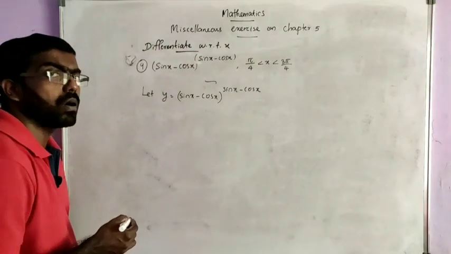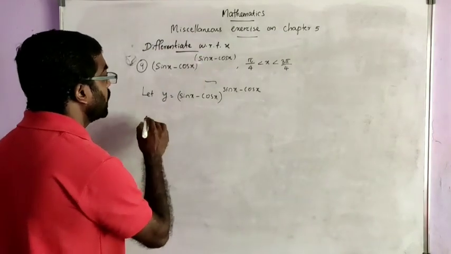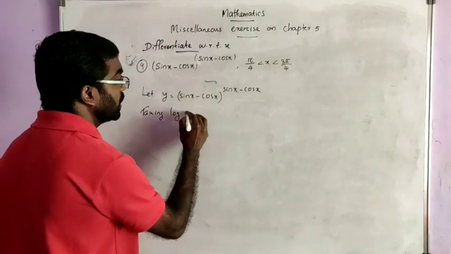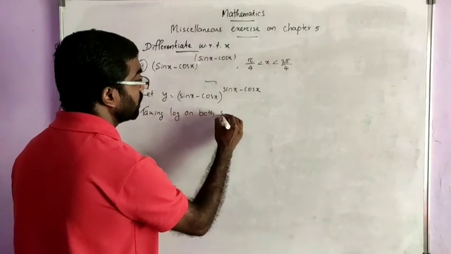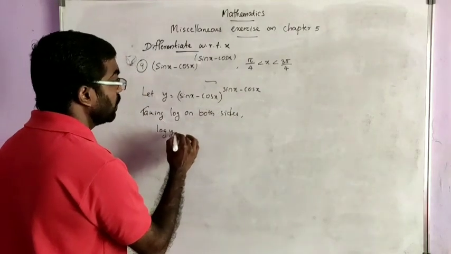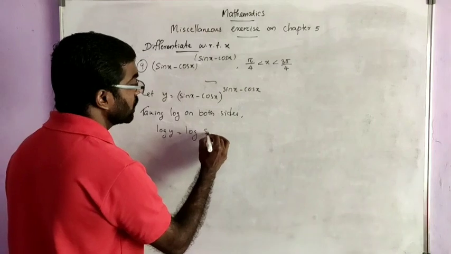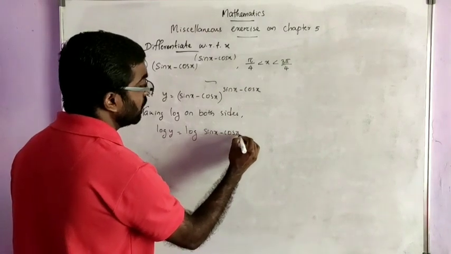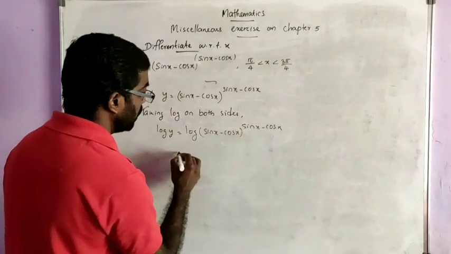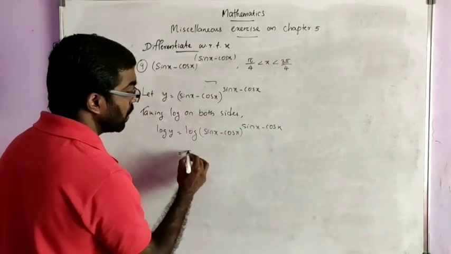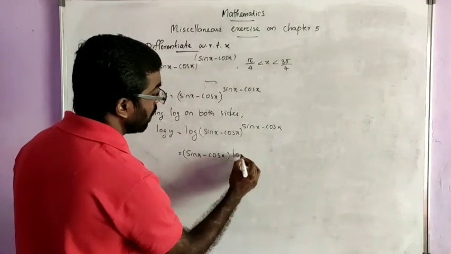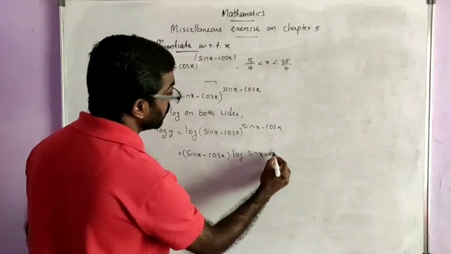So we have to take logarithm on both sides in order to find the derivative. So taking log on both sides, log y is equal to log of (sin x minus cos x) the whole raised to (sin x minus cos x), which is equal to log a raised to b, b log a, that is (sin x minus cos x) into log of (sin x minus cos x).